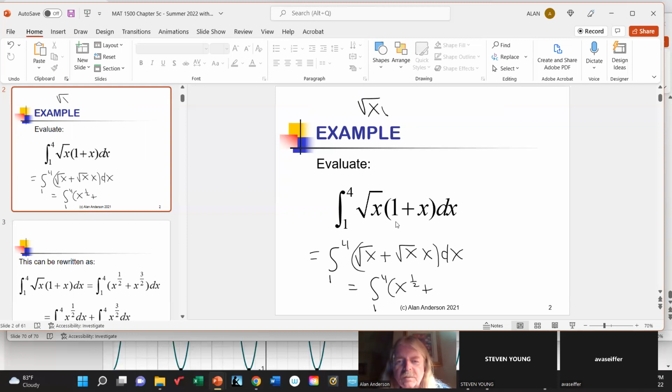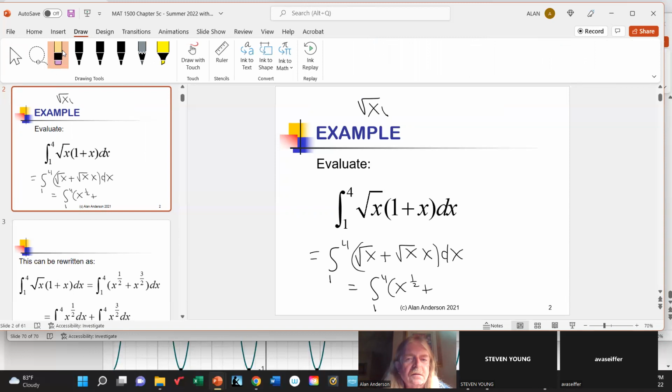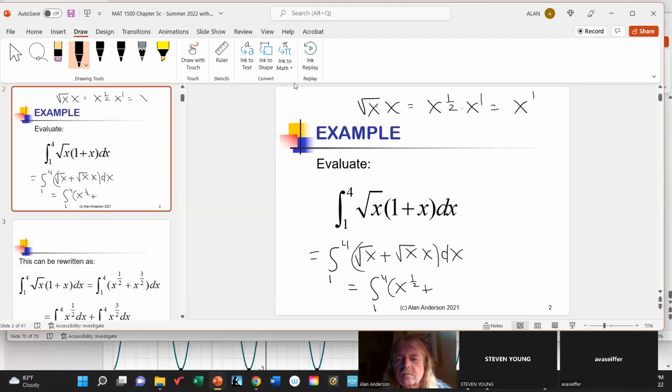This means you're multiplying x to the 1/2 times x to the 1st. So this is x to the 3/2 power.